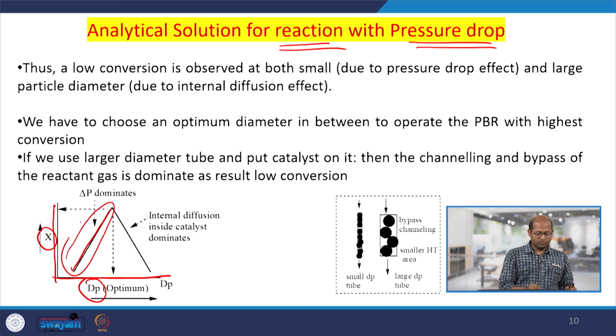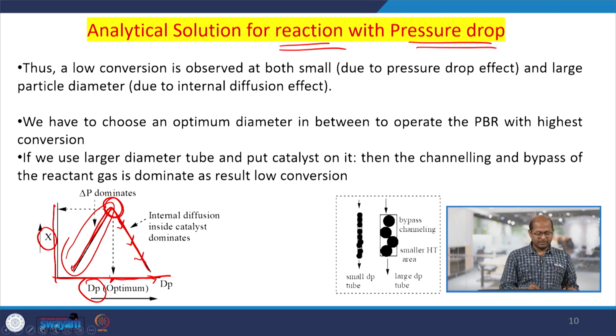But if we further increase the particle diameter, what would happen? Up to this point it gradually increases, then the conversion will drop. If we go from here to here, the conversion will drop, and the line will go this way. So up to this is the optimum particle diameter.